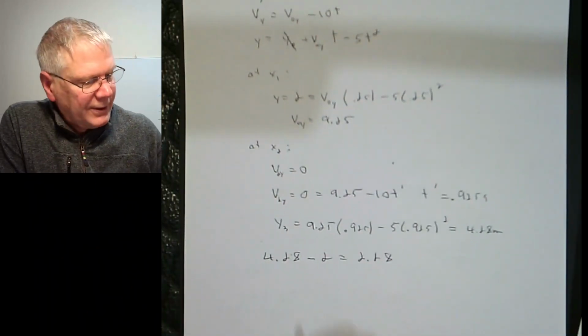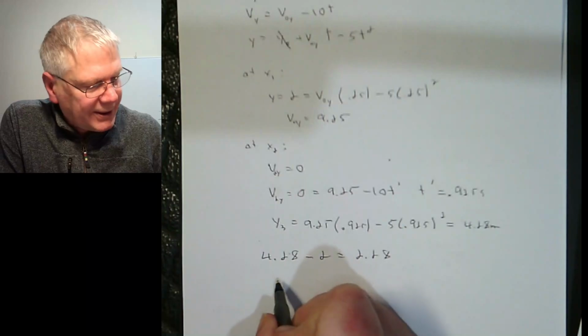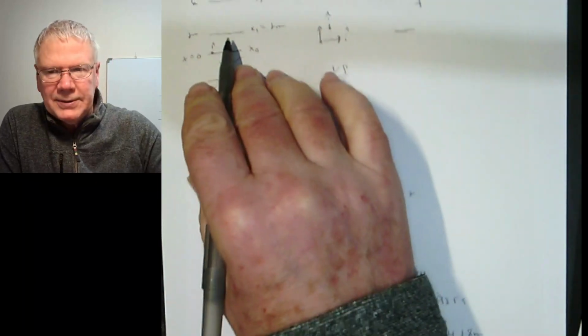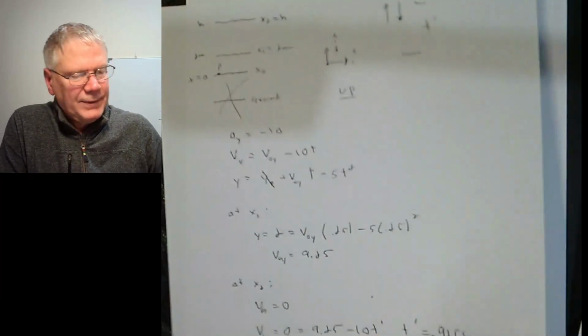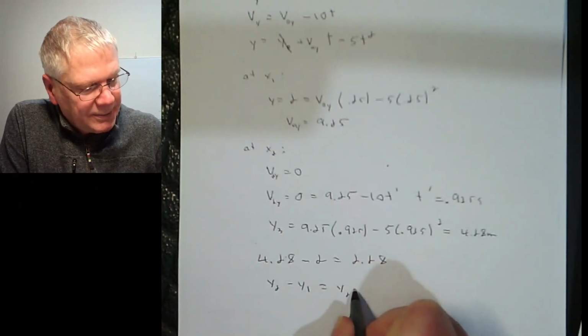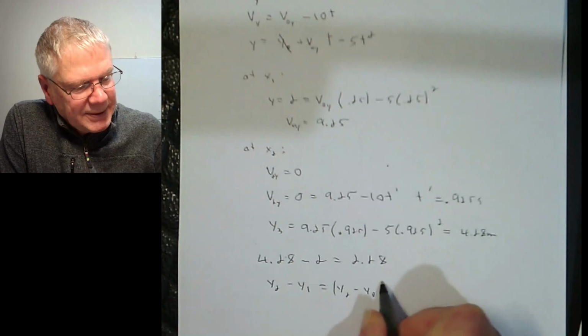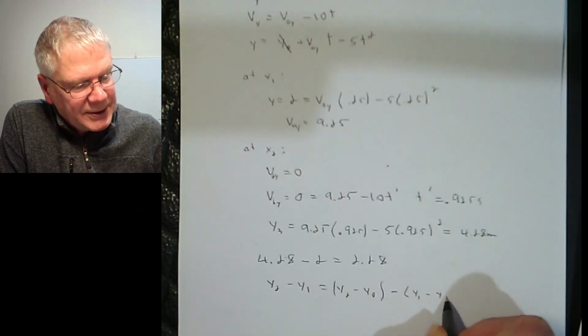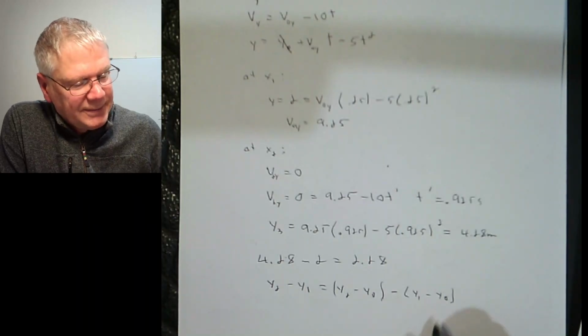the window. So in terms of our diagram, what I want is y2 minus y1, from the top of the window to the high point. So that's equal to y2 minus y0, that's the whole height, minus y1 minus y0, which is the window height.